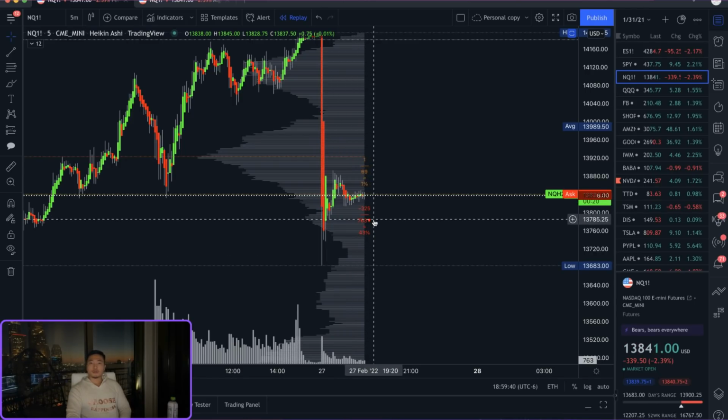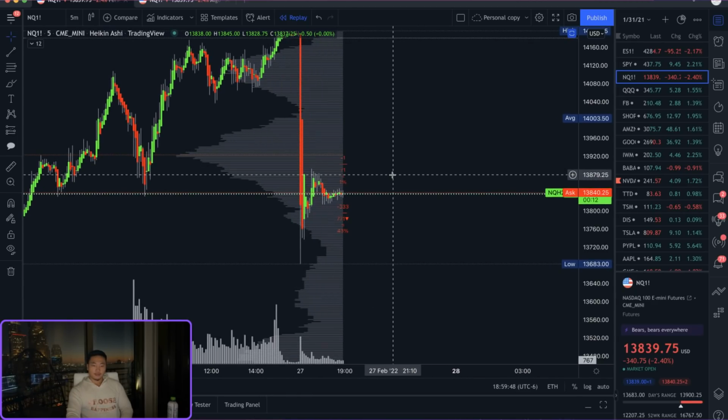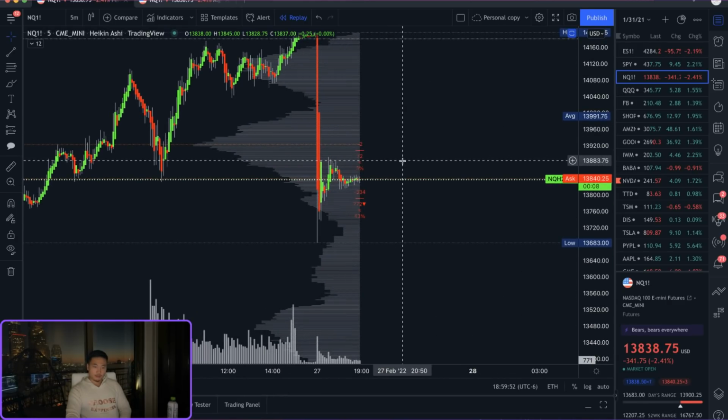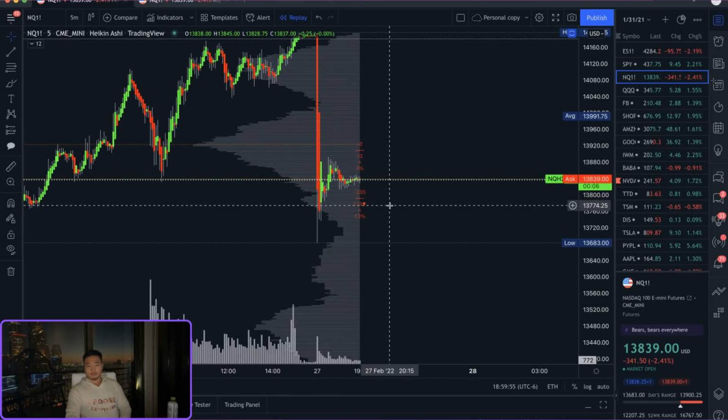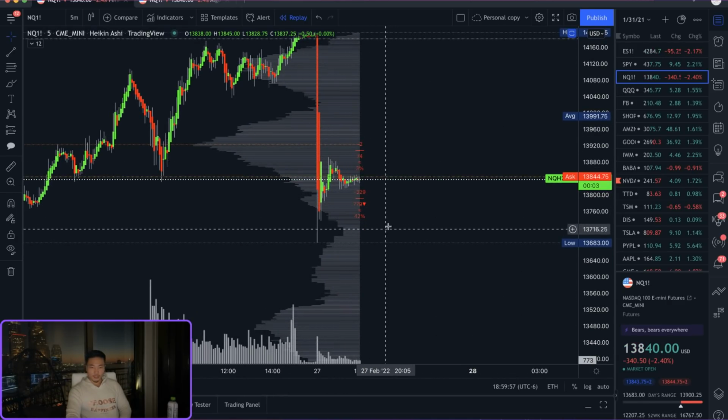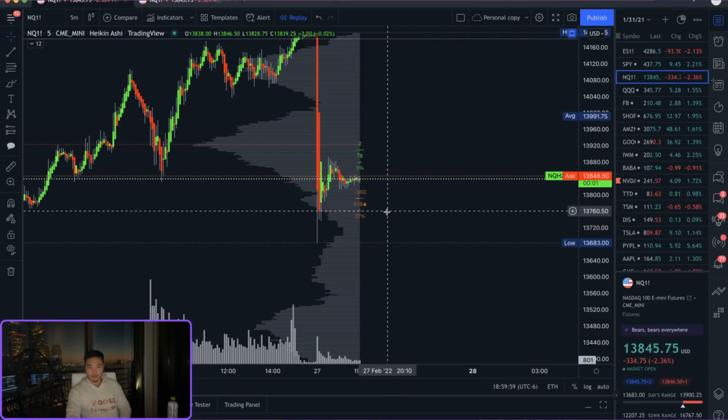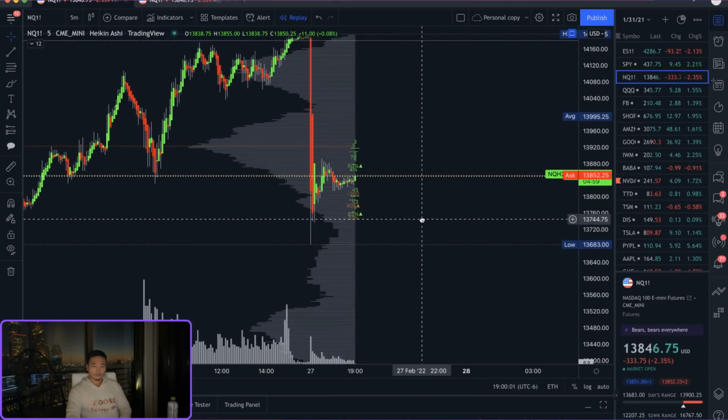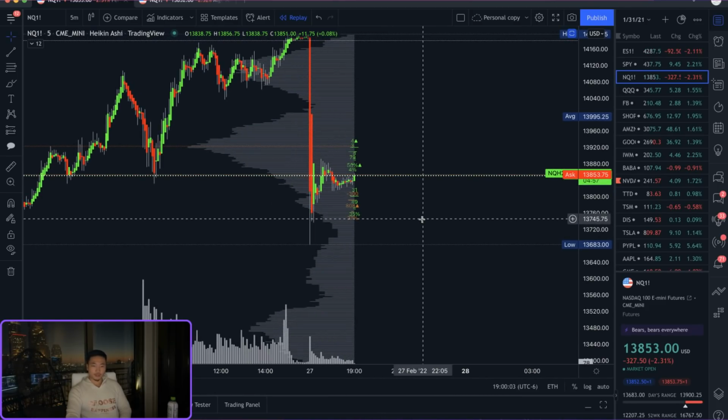Those distribution gates are really hard to break, but once we break, it's going to go that way. So for example, for today, Nasdaq dropped to probably the lower 10% of that distribution gate, and then bounced back.